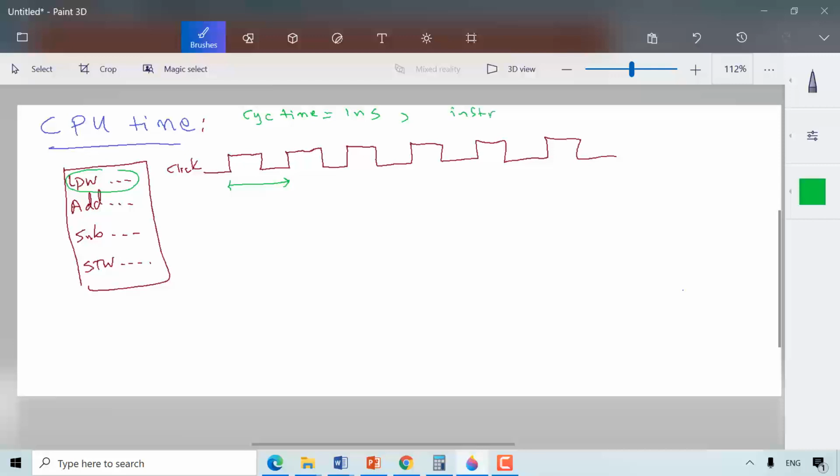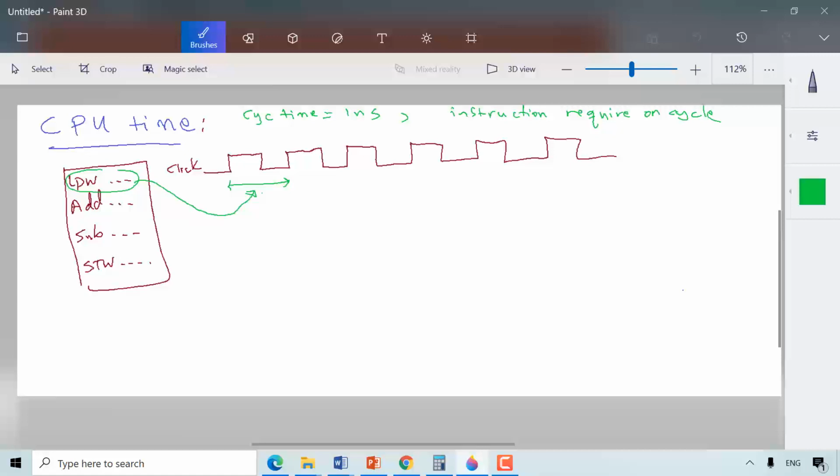And also, let's assume every instruction requires one cycle. So the load instruction comes in and is executed in the very first cycle.